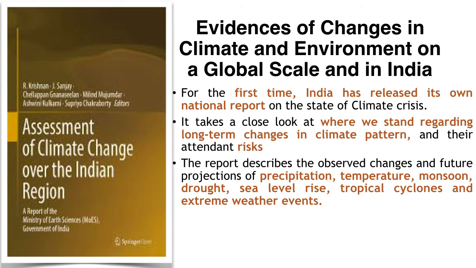The report also describes the observed changes and future projections of precipitation, temperature, monsoon, drought, sea level rise, tropical cyclones, and extreme weather events. All this is covered in this report.